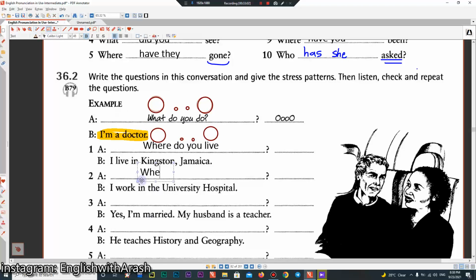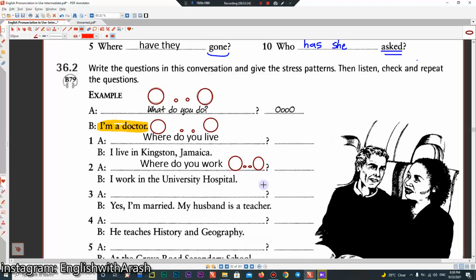So, where do you work? Just try to get this pattern. Where do you work? Da da da da. Where do you work? Are you married? Good. So you can say, are you married?